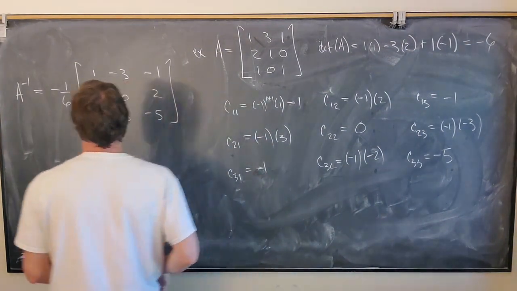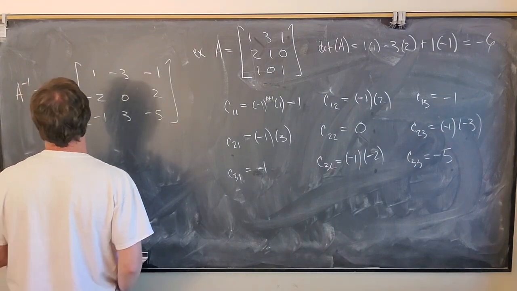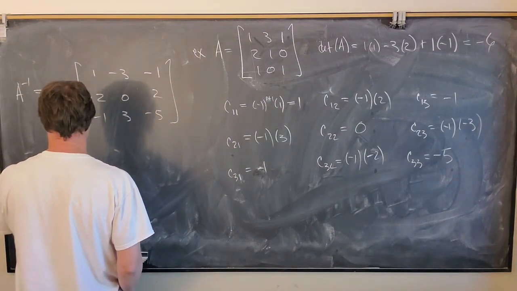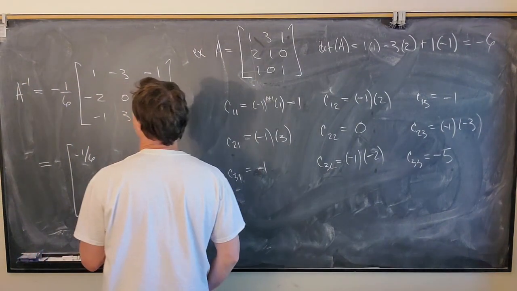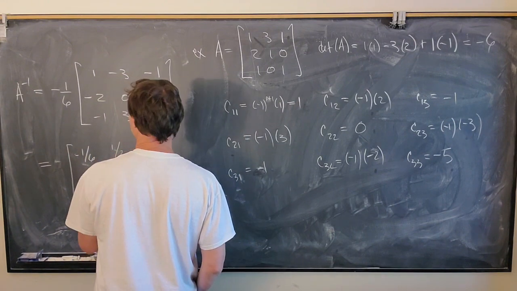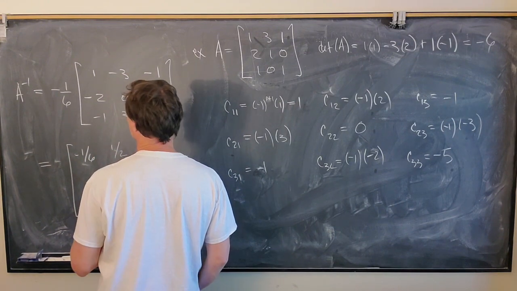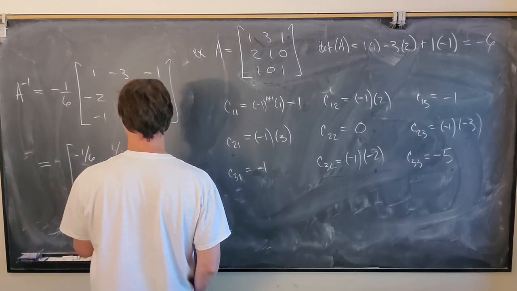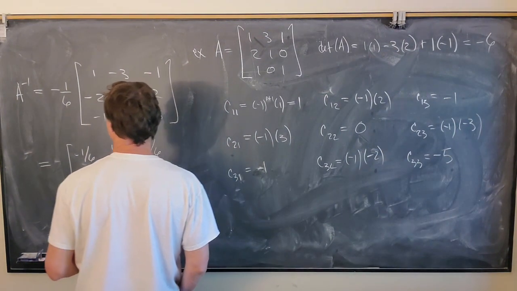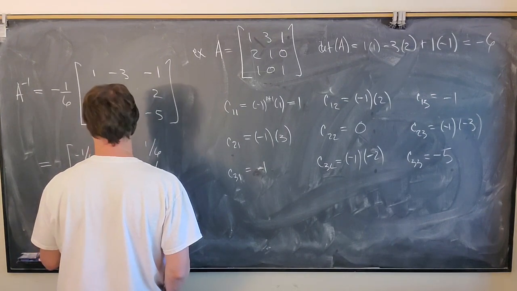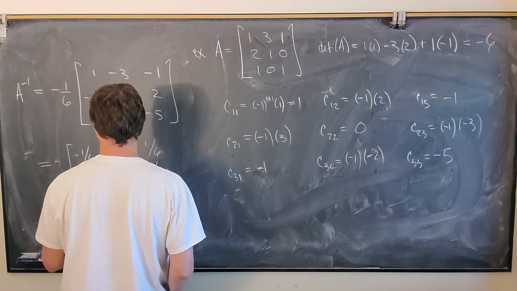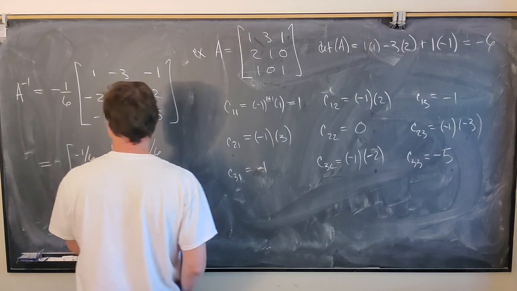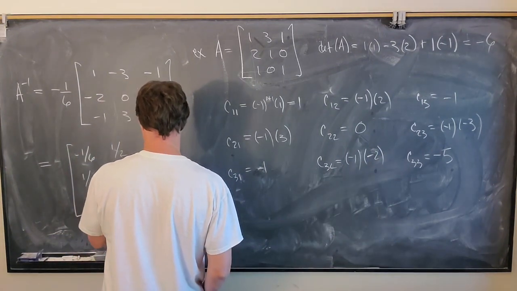And then if we multiply through, we will have the matrix negative 1/6, 1/2, 1/6, 1/3, 0, negative 1/3, 1/6, negative 1/2, and 5/6.